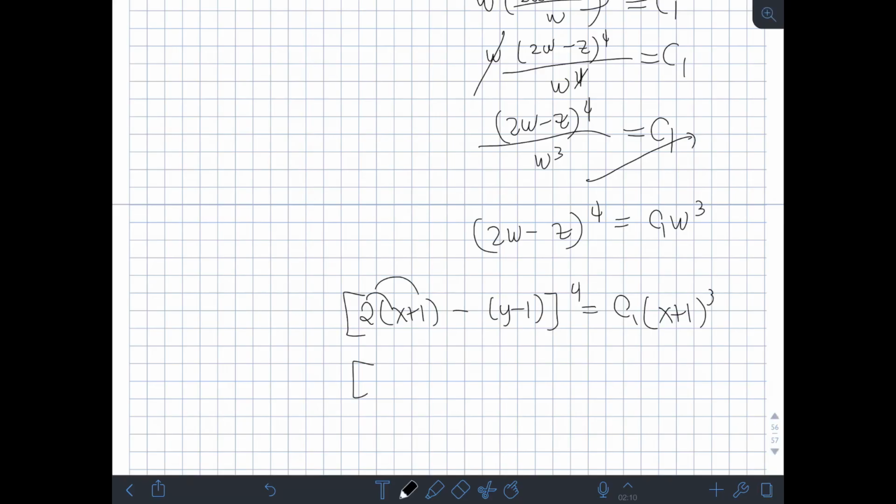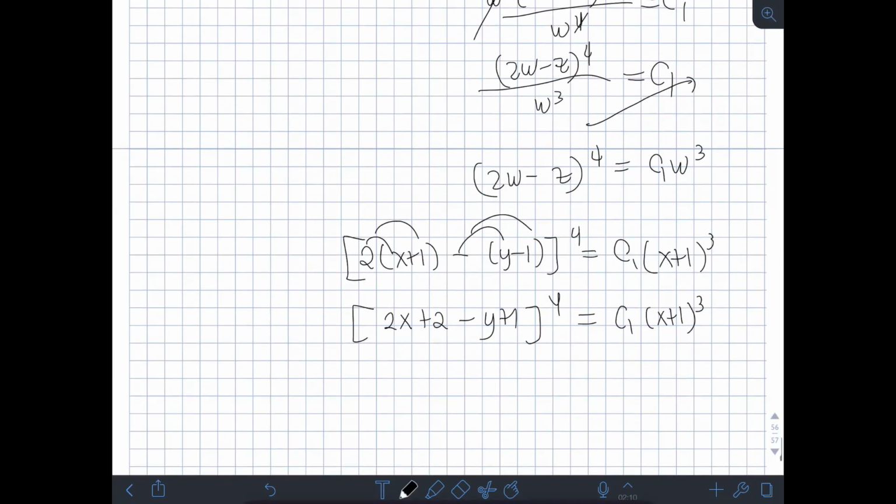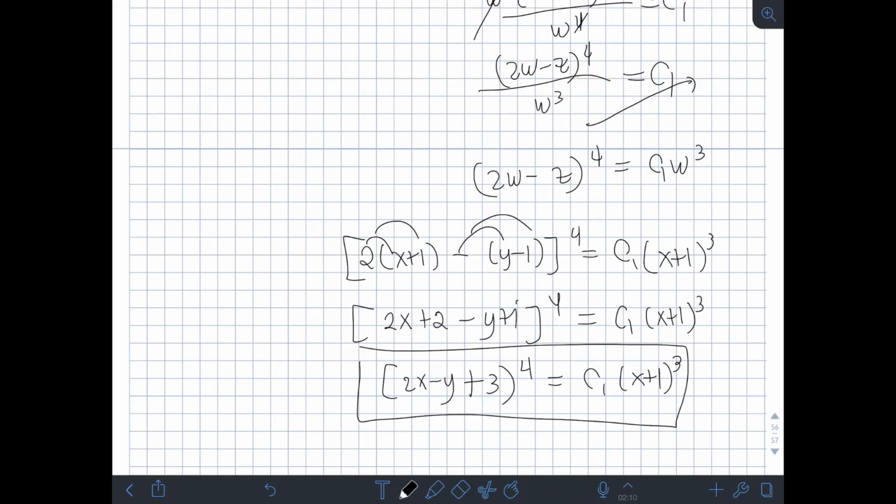So, magiging distribute 2x plus 2, distribute si negative minus y plus 1 to the 4th is equal to c1 x plus 1 cube. So, simplifying, we have 2x minus y. 2 plus 1 is positive 3. Raised to the 4th equals c1 times x plus 1 to the cube. Okay, so therefore, this is the final answer.